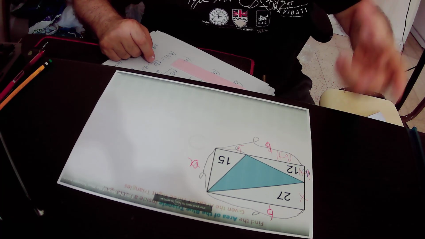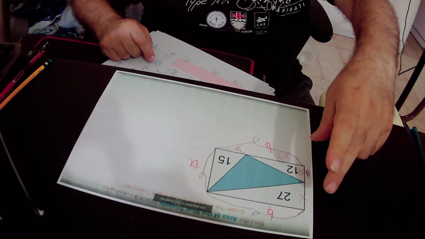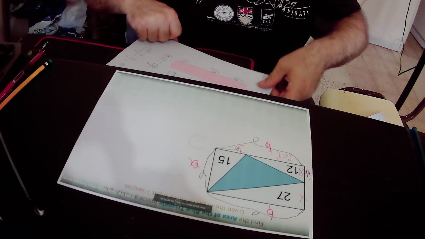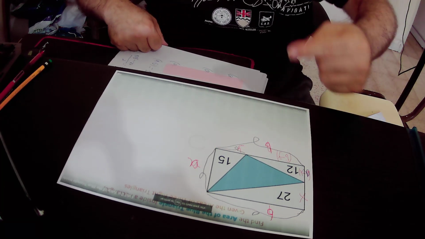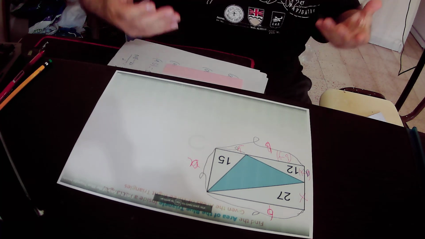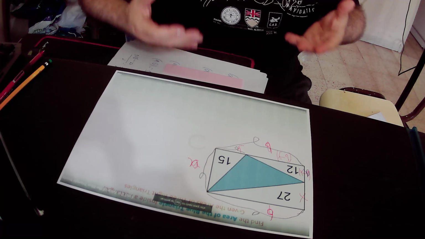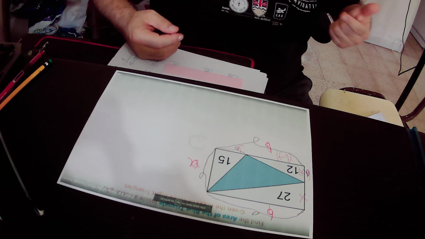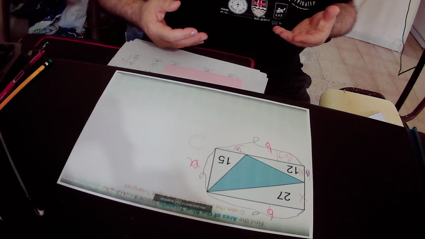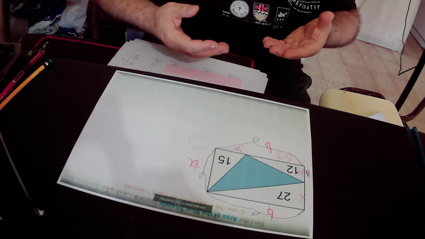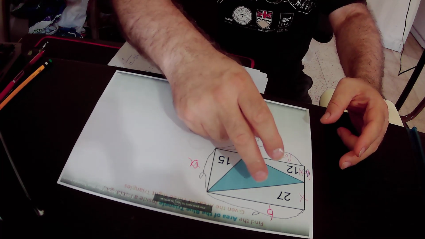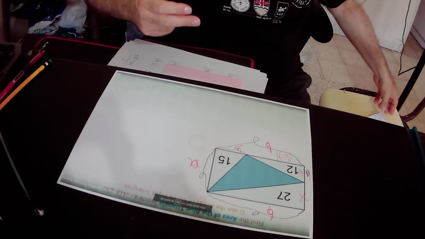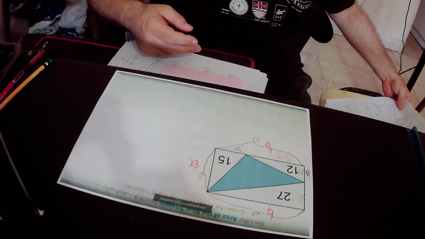And the rectangle itself contains 3 right triangles whose total area equals 54 units. So the area of the rectangle itself must be greater than 54 units because it also contains the blue triangle. So it is impossible that the area of this rectangle is 18 units. It must be greater than 54 units. So 18 units is an incorrect answer.